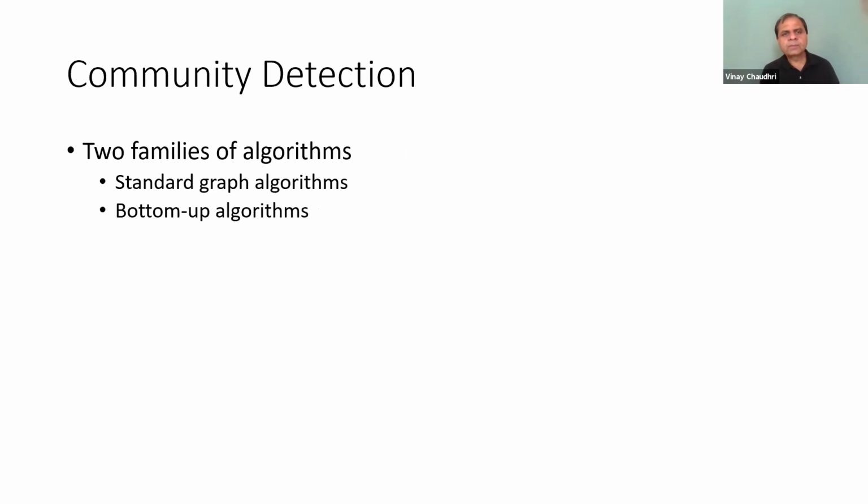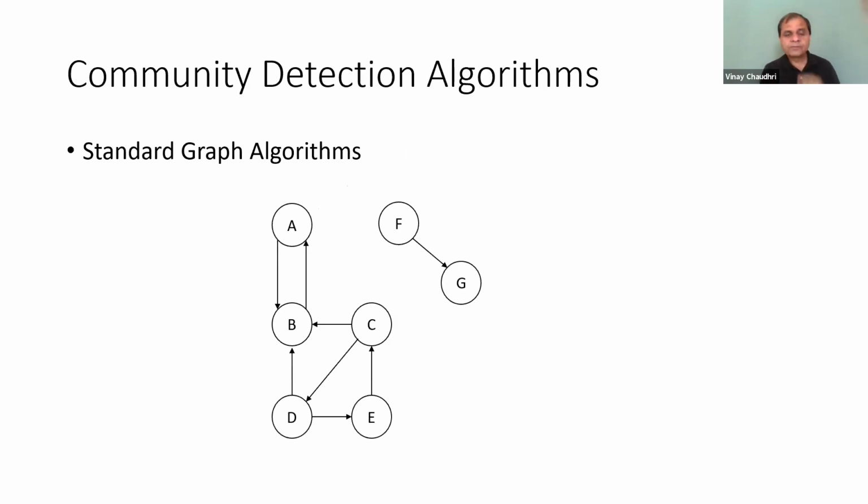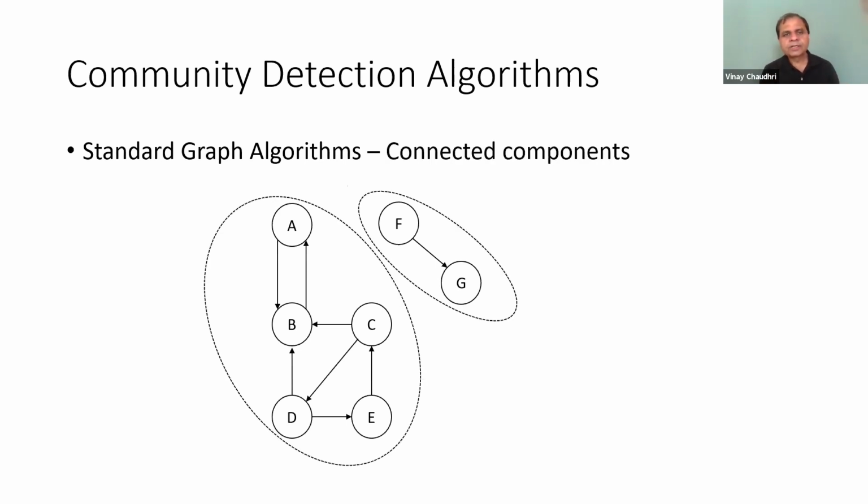There are two broad families of algorithms for community detection. There are standard graph algorithms, and then there are bottom-up algorithms. As an example of a standard graph algorithm, we will take this sample network that we see here. One basic thing that we can do here is to identify connected components.